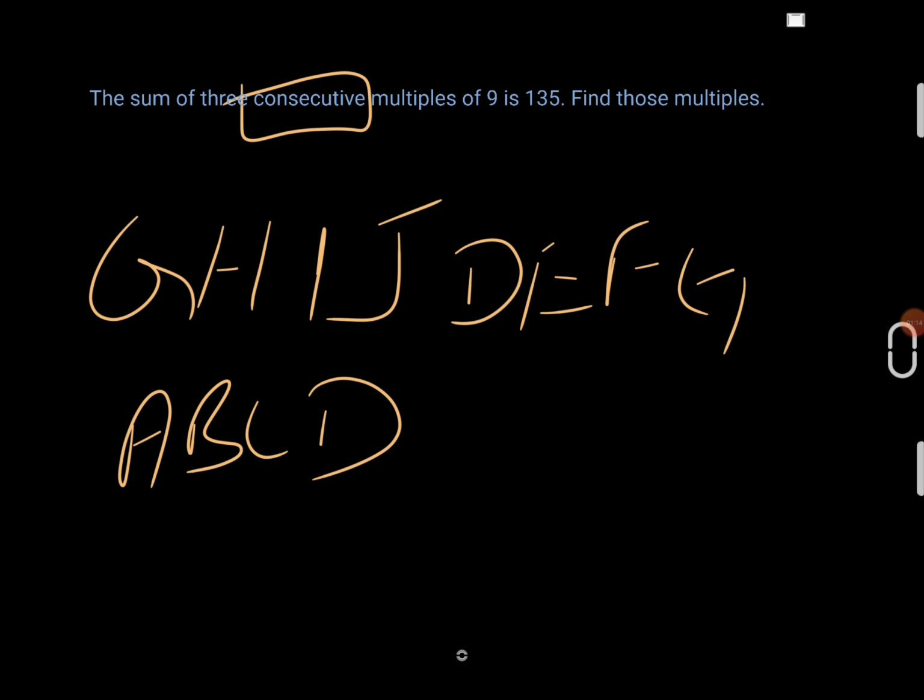What is the common thing in this? These are all next to next alphabets. So consecutive means next to next.